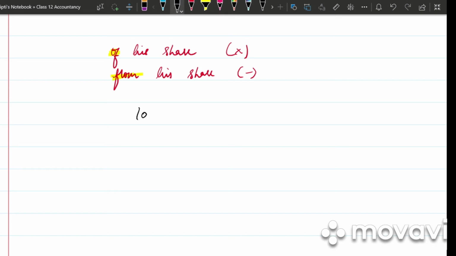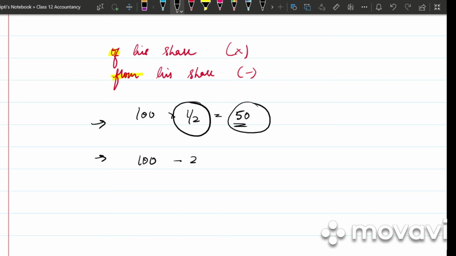Say for example, your profit is 100, and you gave half share to Mr. B, so how much is left with you? 50. And if they give you from 100, 20 is given, so 80 is remaining and 20 is the sacrifice ratio. So whenever they give from his share, it is minus, and whenever they give of his share, it is always multiplied. Clear?